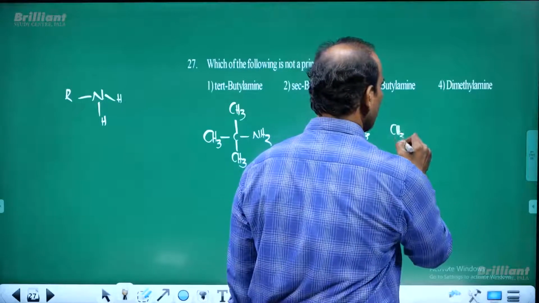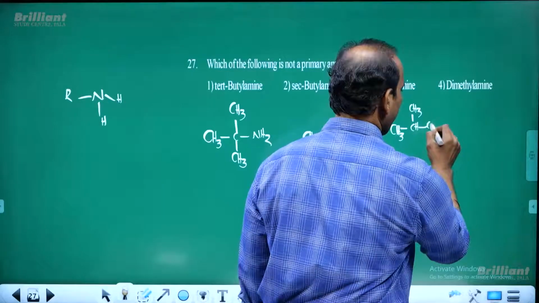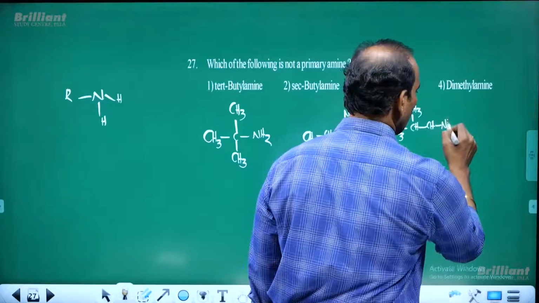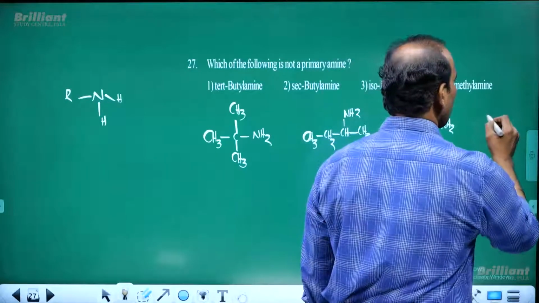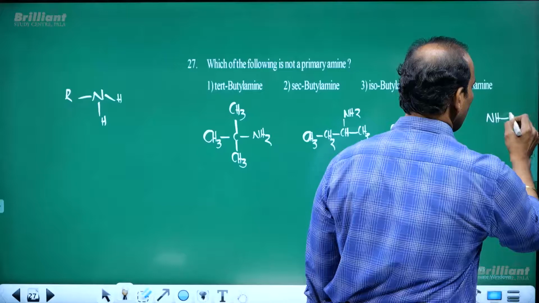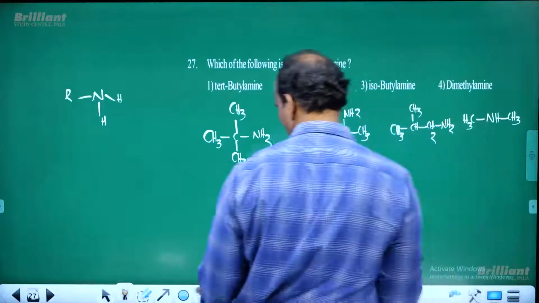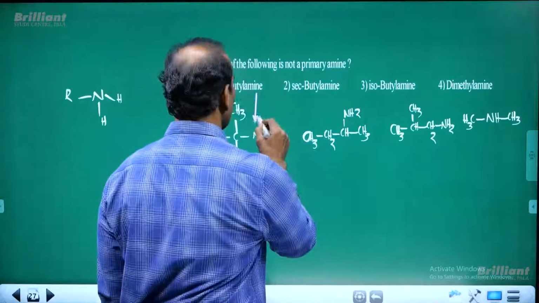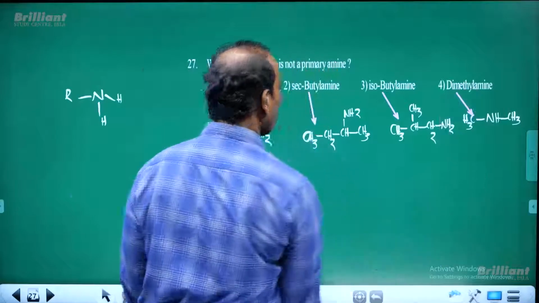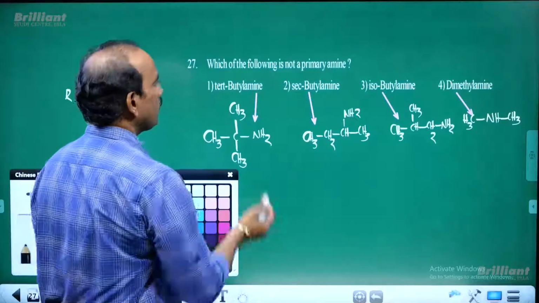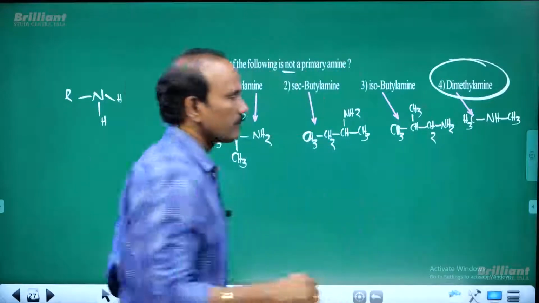Isobutyl CH3, then dimethyl NH, CH3 CH3. So what is the correct answer for this one? This one is not. So the answer is this one.